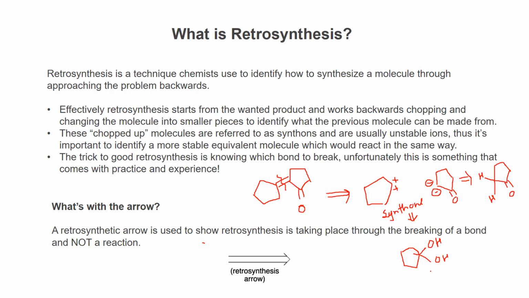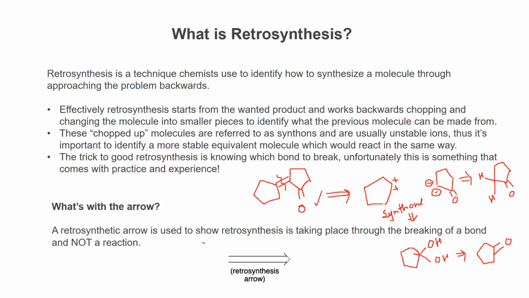This is also unstable. A geminal diol is also unstable. So the synthetic equivalent of such type of compound will be ketone. Okay. So if you combine these two compounds, you can get this one as our product.